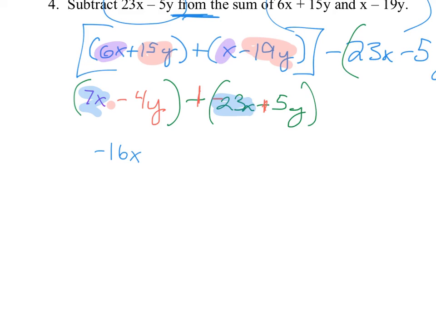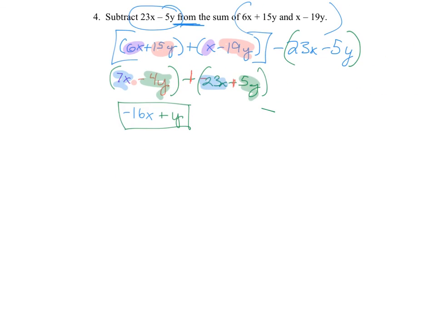And then I have a minus 4y and a plus 5y, which is going to give me plus y. That would be my final answer. And we are done with this lesson.